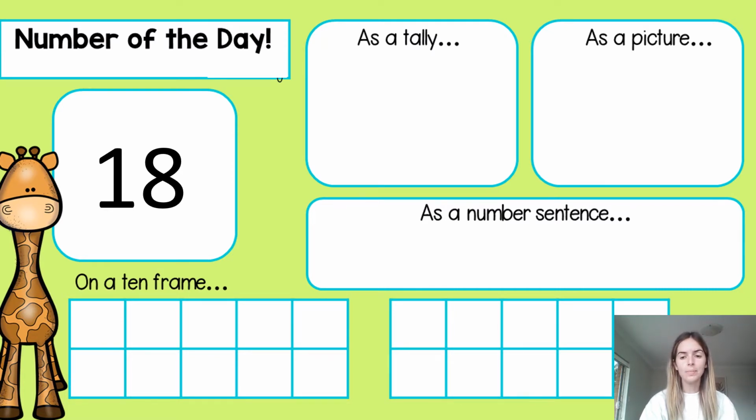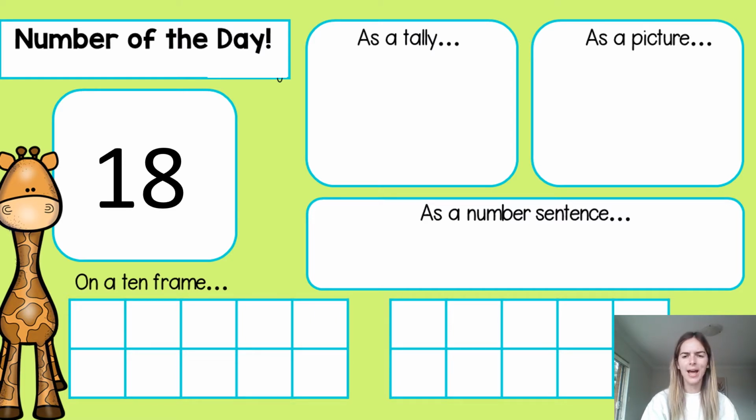Now you need to represent the number 18 as a tally, which are just long strokes, which is another way that we can represent numbers. We haven't really looked into tallies too much, but it's good to be exposed to them. You need to represent the number as a picture, as a number sentence, and on our 10 frame. Now what you can do is pause the video, complete this activity, and then come back and we will do it together.